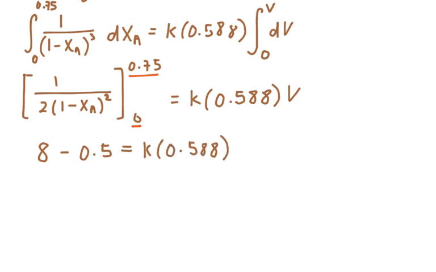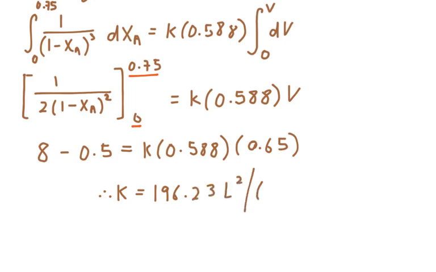The volume is given as 650 centimeter cubed. So if we convert it back to liters, you will get 0.65. Now therefore, you can solve, and the k value will be equal to 196.23 liter squared per gram mole squared minute.